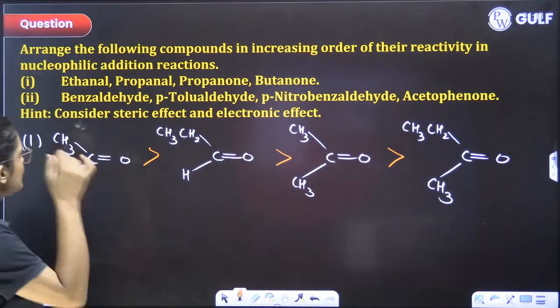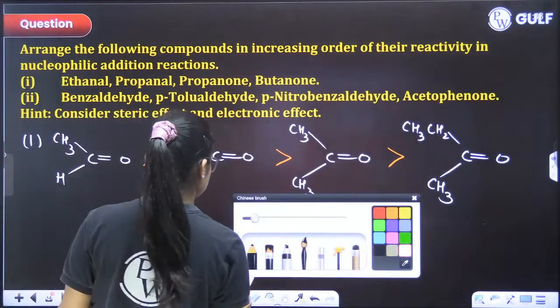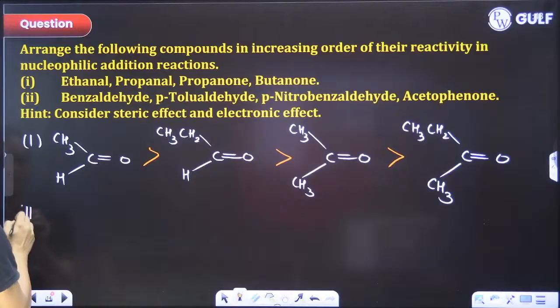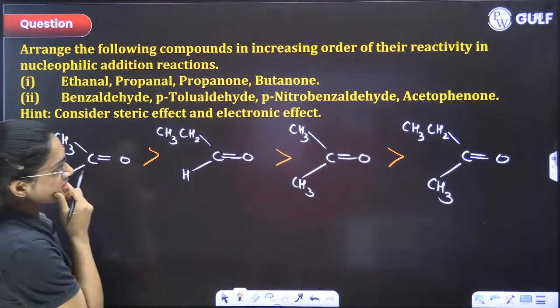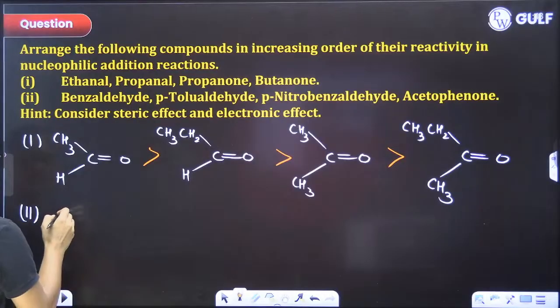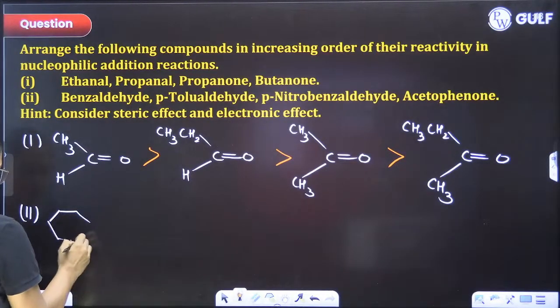The next one we have is benzaldehyde, para-tolualdehyde, para-nitrobenzaldehyde, acetophenone. Benzaldehyde is C6H5CHO.